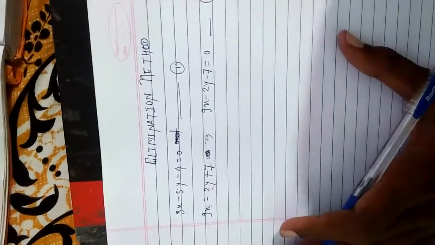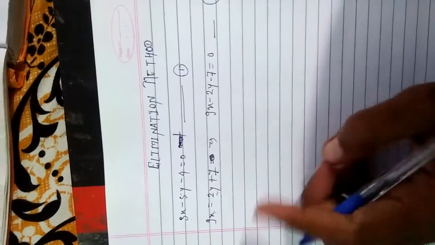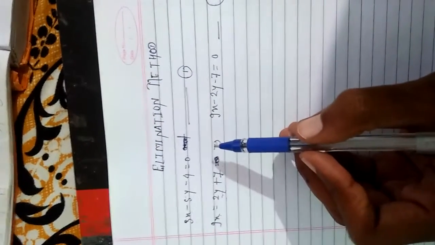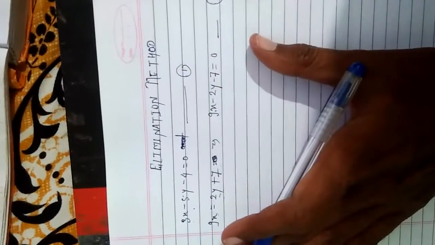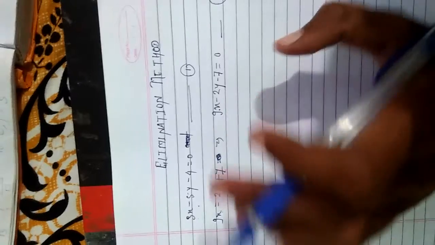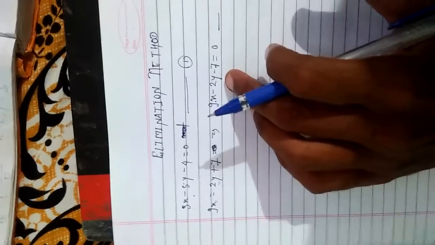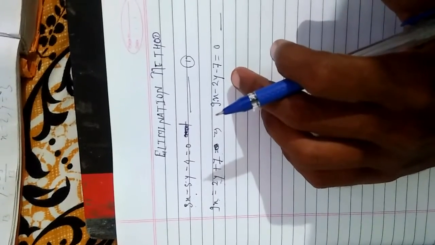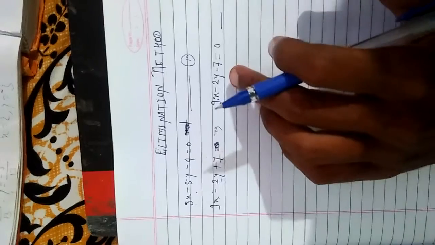So what we do in the elimination method is we have to eliminate one term, either the x term or the y term. It's up to you. Let me eliminate the x term, then we will find the value of y. When we get the value of y, then we put the value of y in any equation.